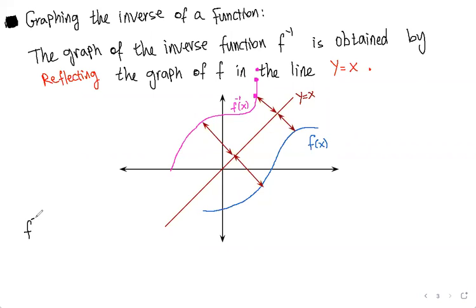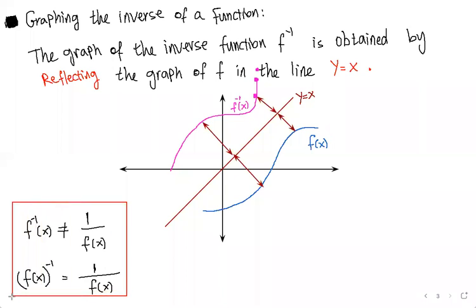But f of x, everything inverse, is the same as 1 over f of x. You have to know these things. Okay. Is this graph clear? Any questions?